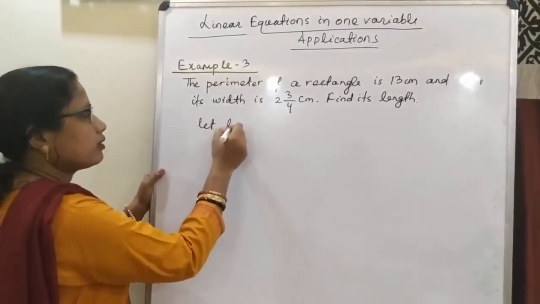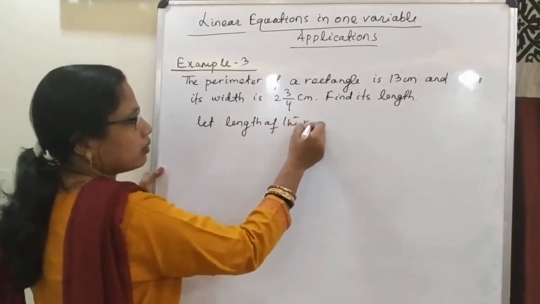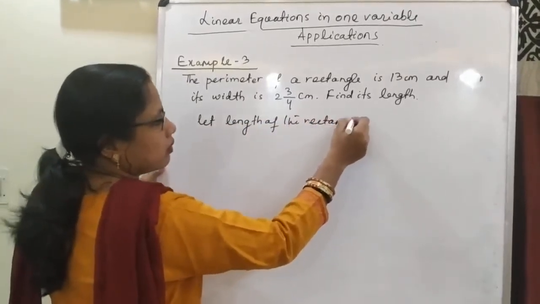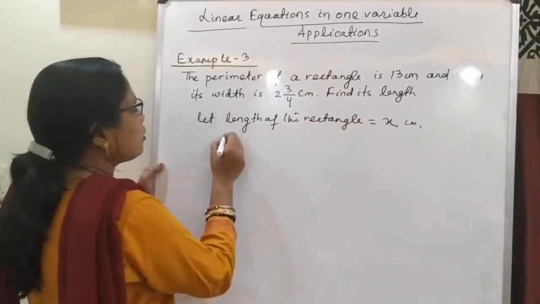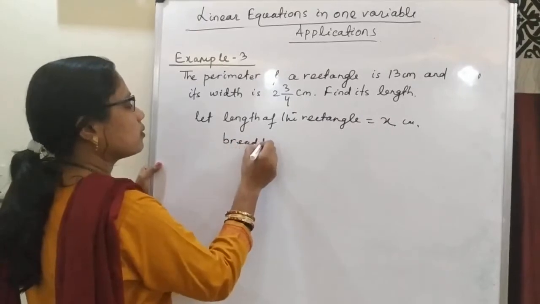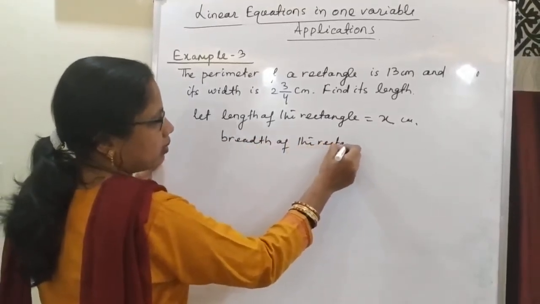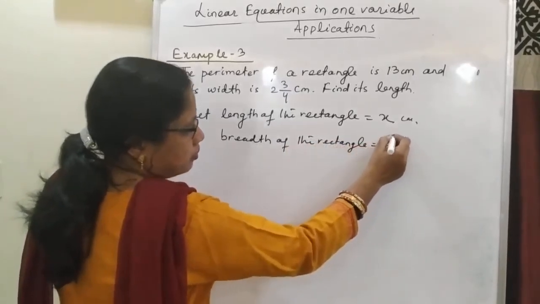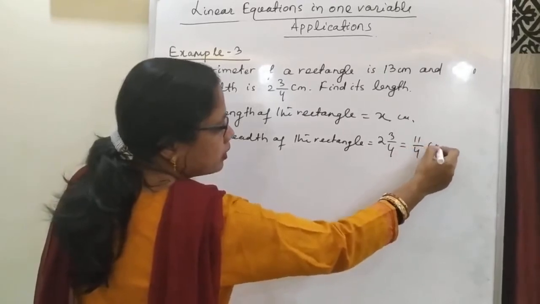So let the length of the rectangle be x centimeter and the breadth of the rectangle be 2 3 by 4, which is equal to 11 by 4 centimeter.